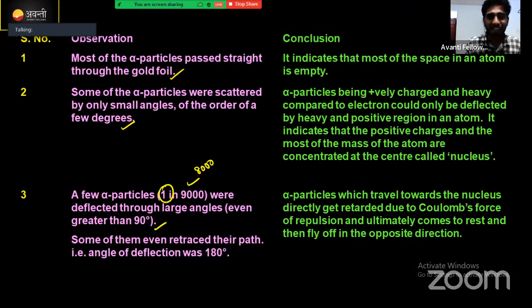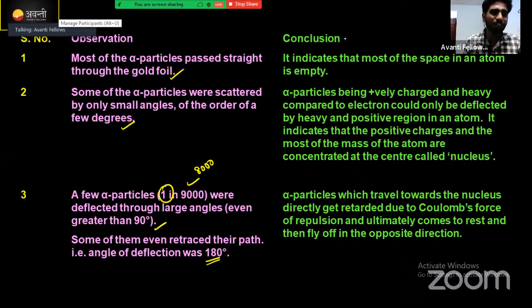In my reference textbook they gave 8,000, here they give 9,000, no problem. And some of them even retraced their path, that is, the angle of reflection was 180 degrees also. These are the observations made by Rutherford.